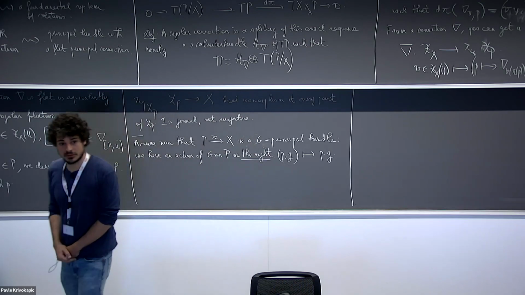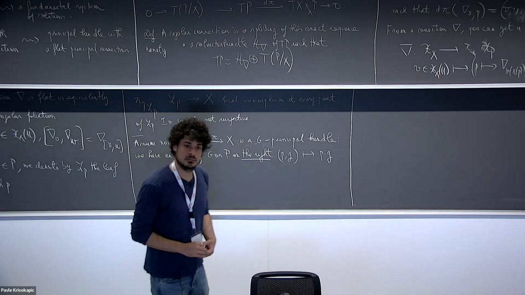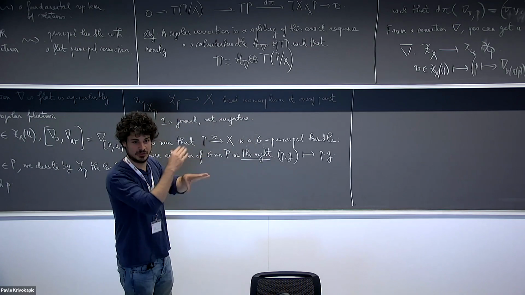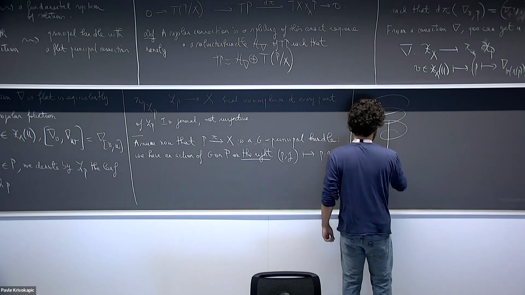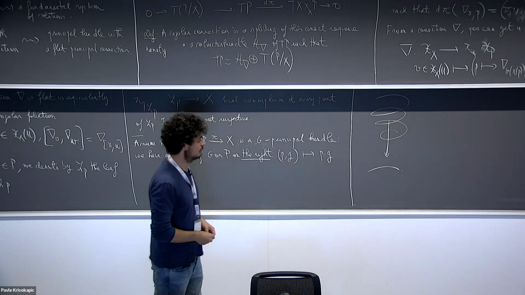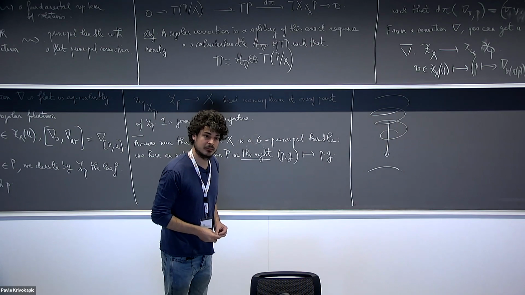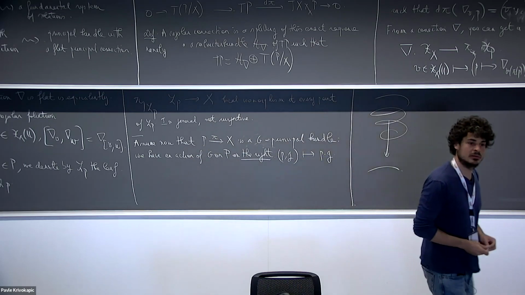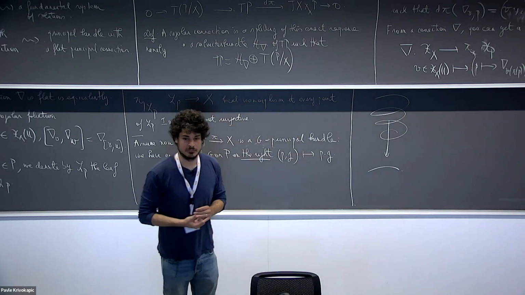Yes. Okay, the leaf of a foliation. What do you mean by local isomorphism? It's local, right? So locally it's not dense. It's in the holomorphic analytic category.